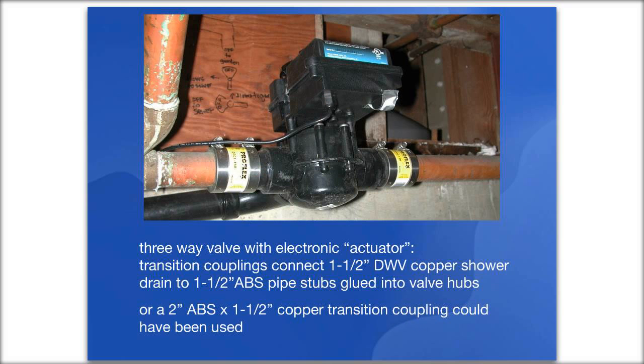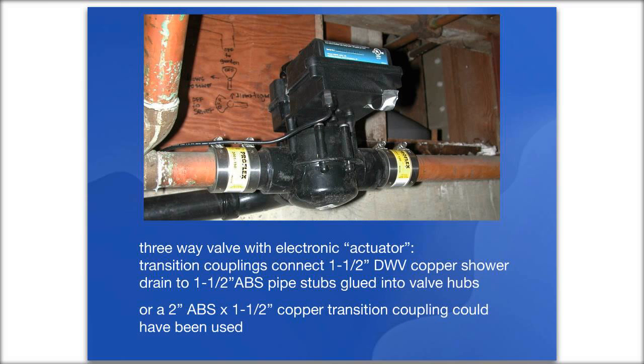Okay, the following picture shows a case where the tub drain was 1.5 inch copper, DWV copper. So what we did here was the three-way valve has 1.5 inch ABS stubs glued into it, and then used the CK transition couplings that go from 1.5 inch ABS to 1.5 inch copper.